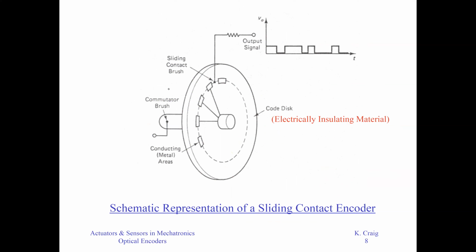You have a code disk with some dots in here, and everything here is electrically insulating material, but this is a ferromagnetic conducting metal area. Every time you contact this one, you have a wire going here, so you can detect a pulse in here.